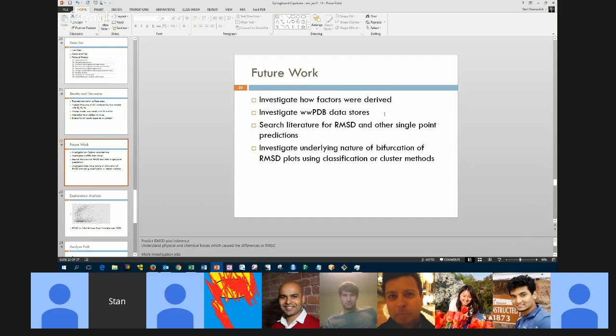These are all available online. I won't go into detail there. Another thing we can do is search literature for RMSD and other single point predictions to see what's out there and see what other people have done with this before we launch our analysis. And finally, investigate the underlying nature of the bifurcation of the RMSD plots using classification or cluster methods.